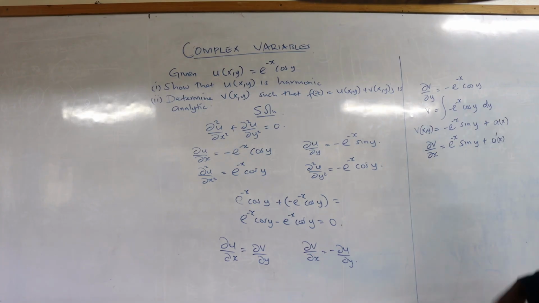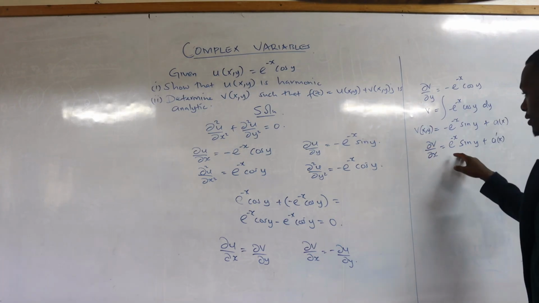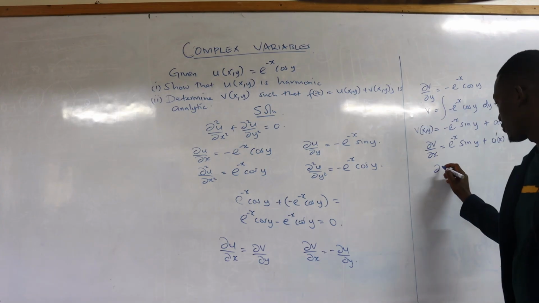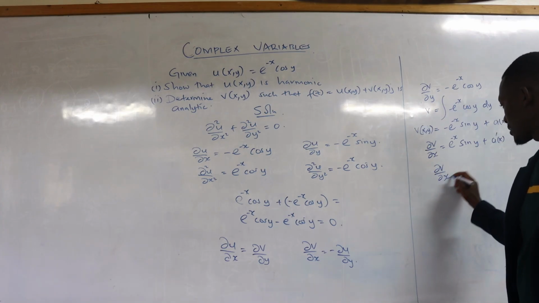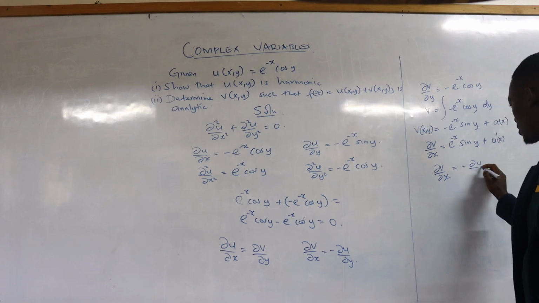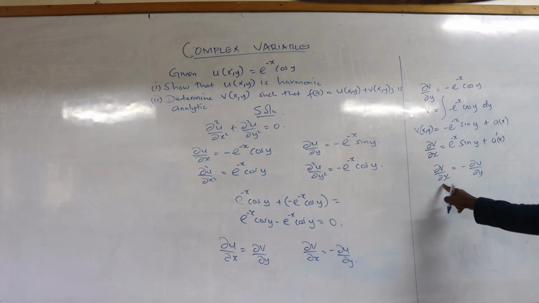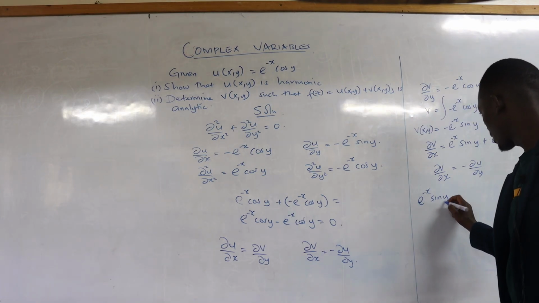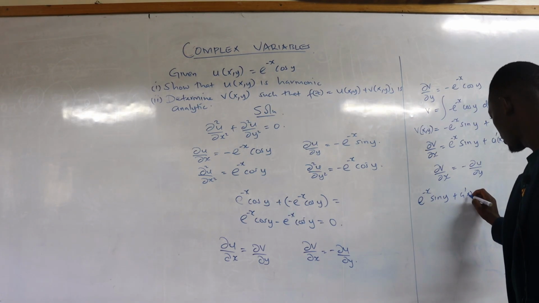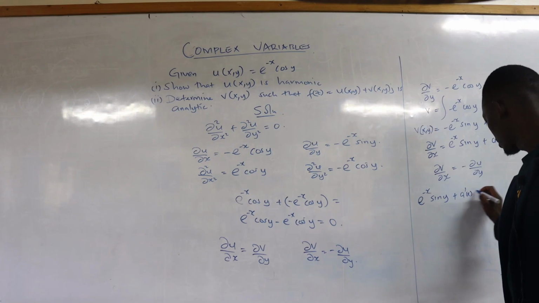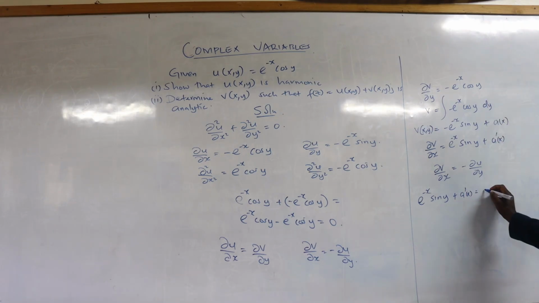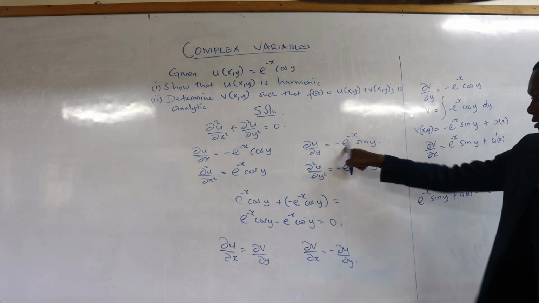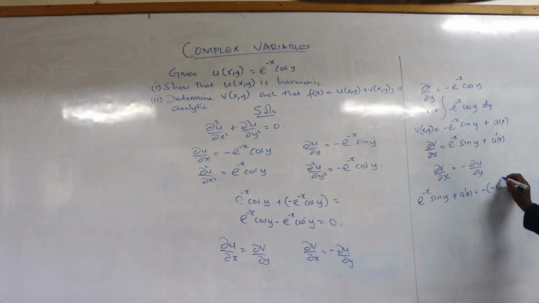Now from that point we can compare our two functions, because we know that dv/dx should be the same as negative of du/dy. So dv/dx is e^(-x) sine of y plus the derivative of the function, equals negative of du/dy, which is negative e^(-x) sine of y.